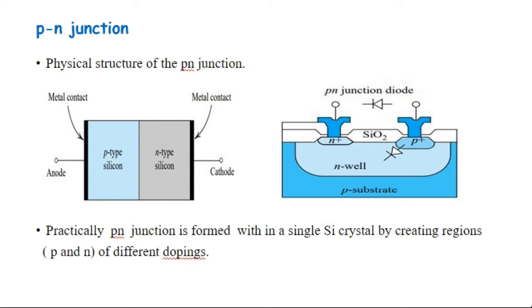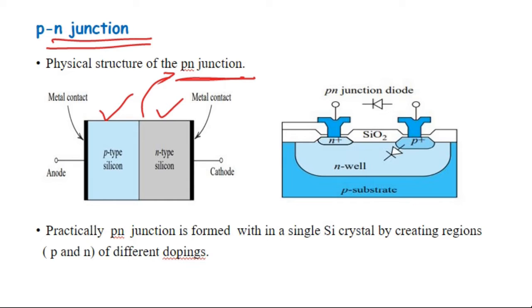Now here you can see a PN junction material. In this PN junction semiconductor, when we bring a P-type silicon in contact with an N-type silicon, we get a junction known as a PN junction.